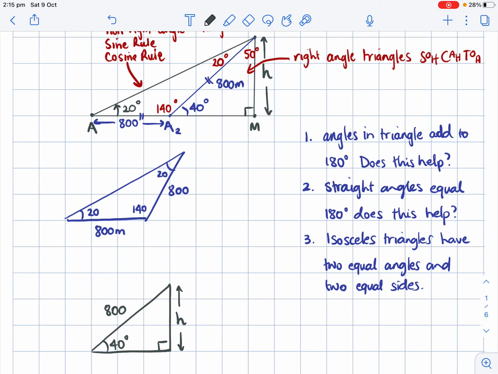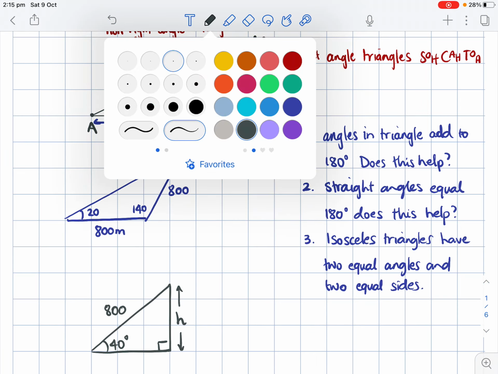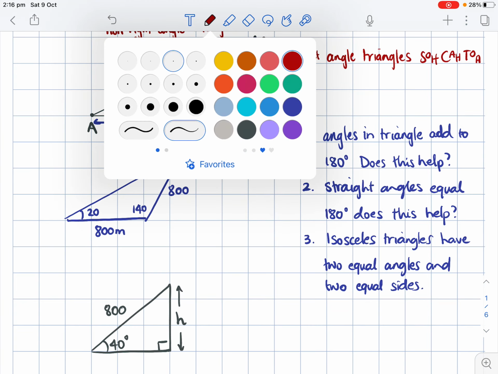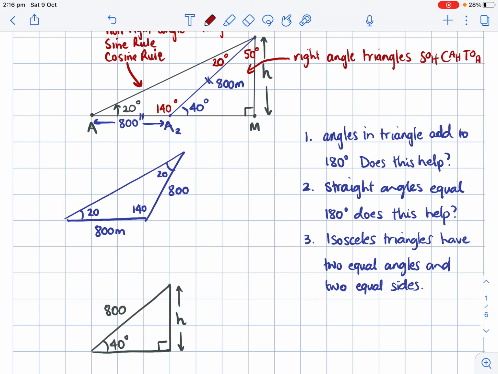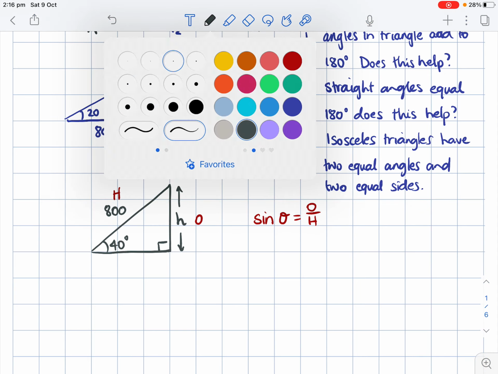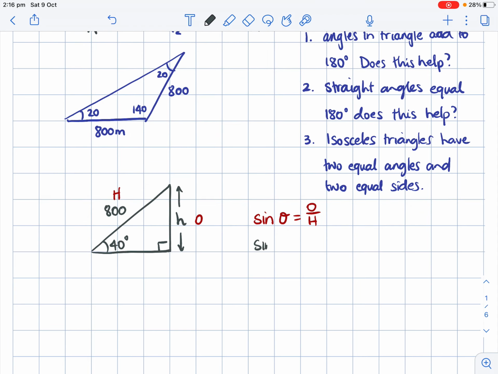And I go back to my point, I've got a right angle triangle, so it's going to have something to do with SOHCAHTOA. So let's work through the process where we label the sides, opposite, hypotenuse, choose the rule: sine theta equals the opposite over the hypotenuse. Next step, substitute what I know.